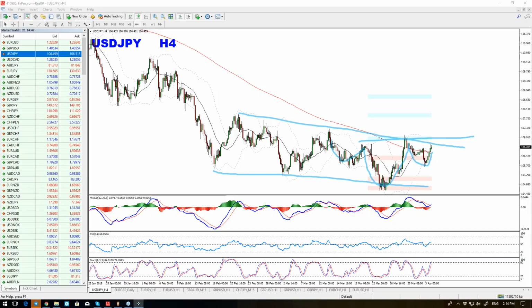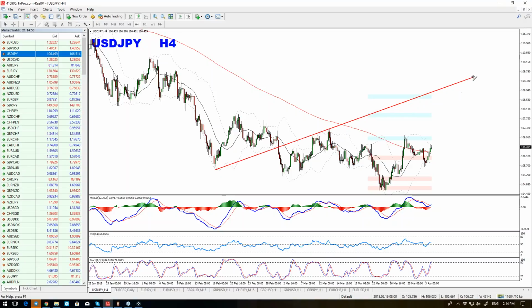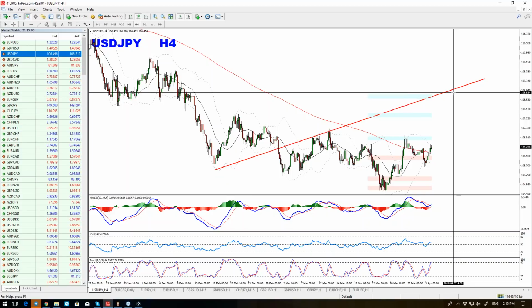And according to the wedge, by the way, the target should be from the beginning point to the first corrective point. This is the place. Okay, and it's also leading us to the same places where the daily cycle corrections lead us to.